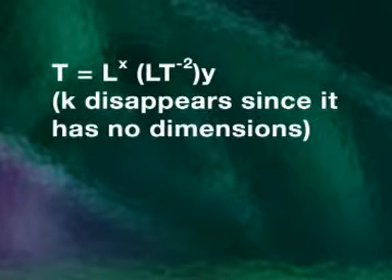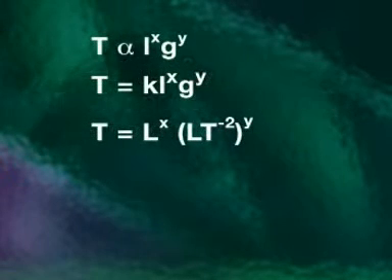Now, taking dimensions on both sides of the equation, we have T equals L to the power x times (L T to the power minus 2) all in brackets raised to y. Here we ignored K because it's a dimensionless constant. Now let's try to expand the equation.